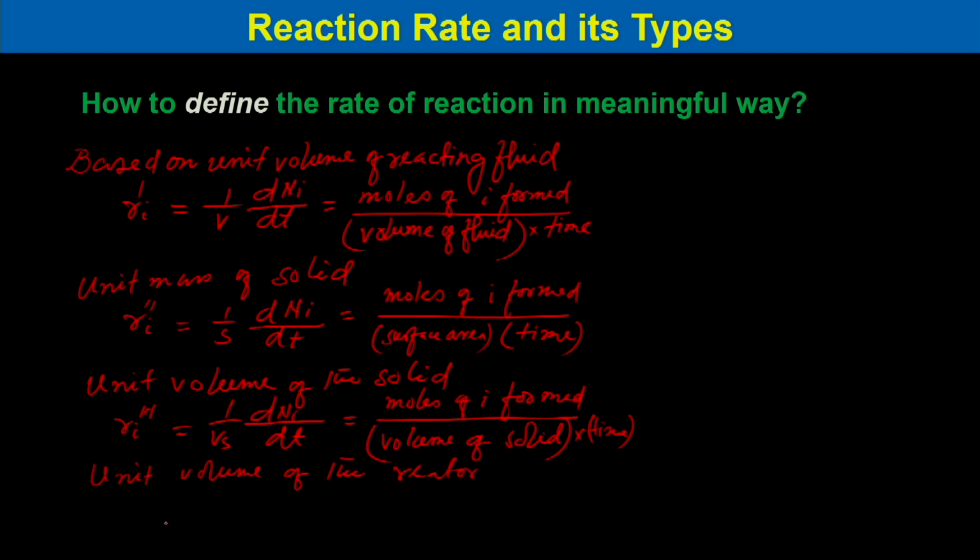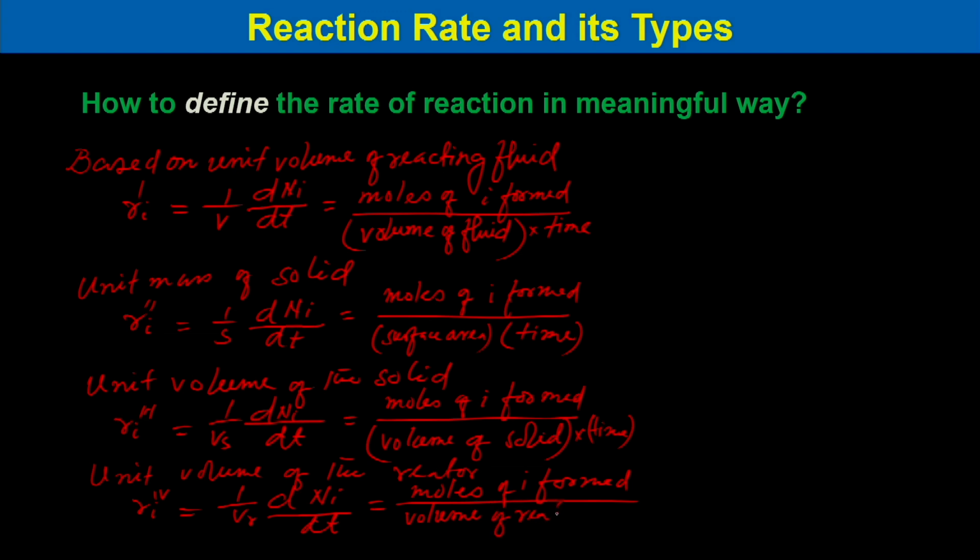So, where we can define r_i = (1/V) dN_i/dt, which is equal to moles of i formed divided by volume of reactor into time.